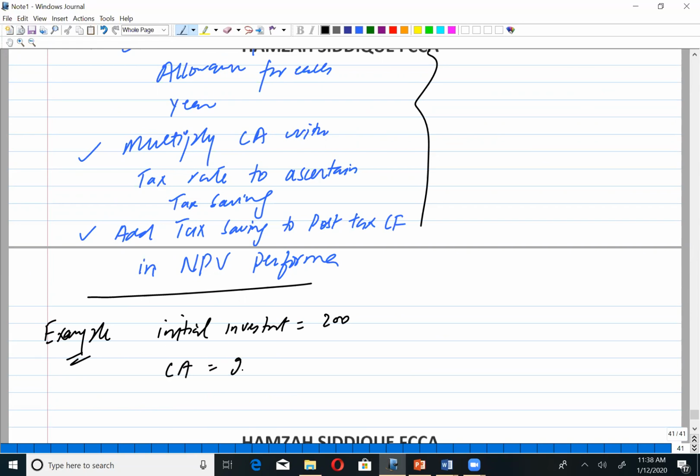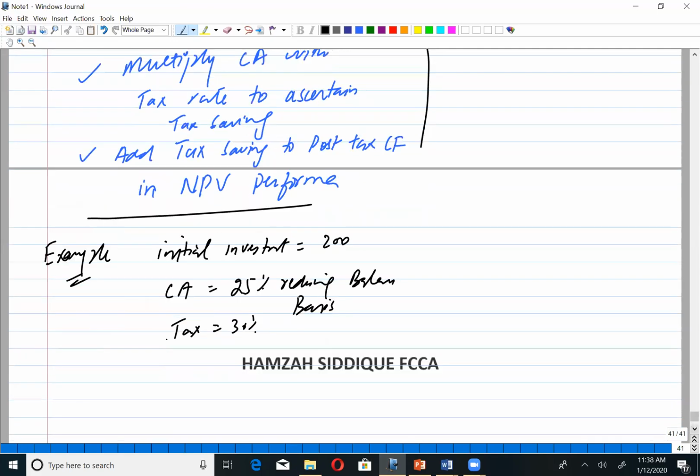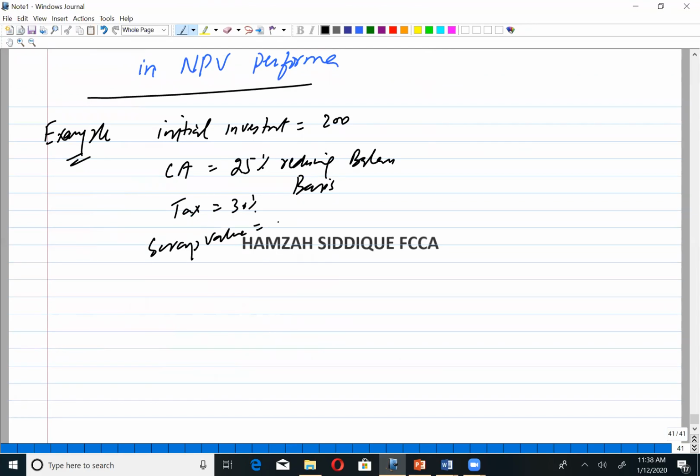Capital allowances 25% reducing balance basis, and tax rate is 30%. Now we have to calculate. For example, scrap value is 0. Okay, a bit more complex. Scrap value is 10.